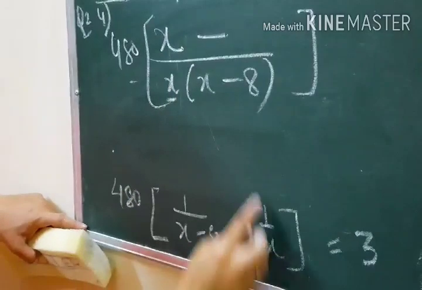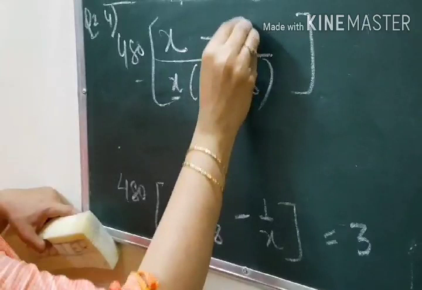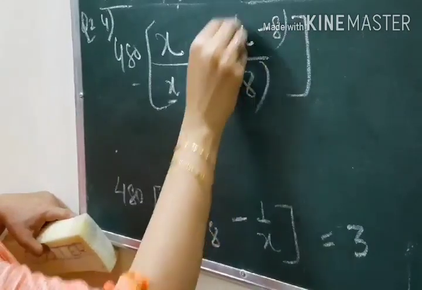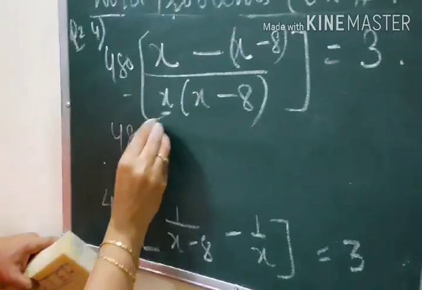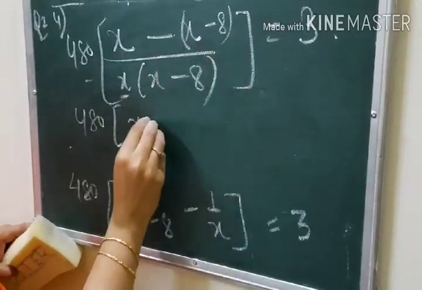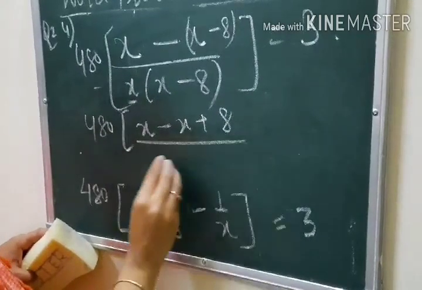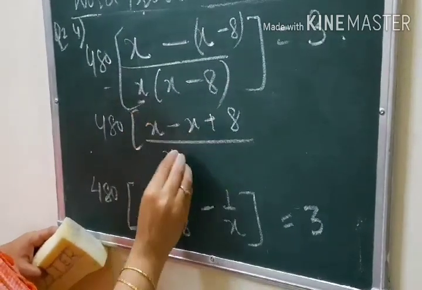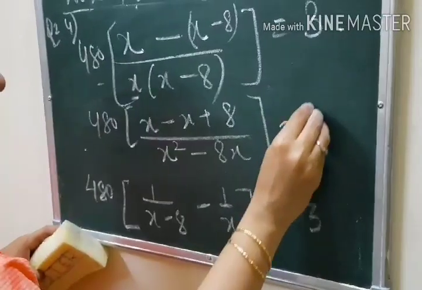Minus, now x when you divide by this, you will be left with x minus 8. So it would be x minus 8 is equal to 3. So 480 upon x minus, minus plus 8, upon, multiply this also, x into x is x square, minus 8 into x is 8x, is equal to 3.